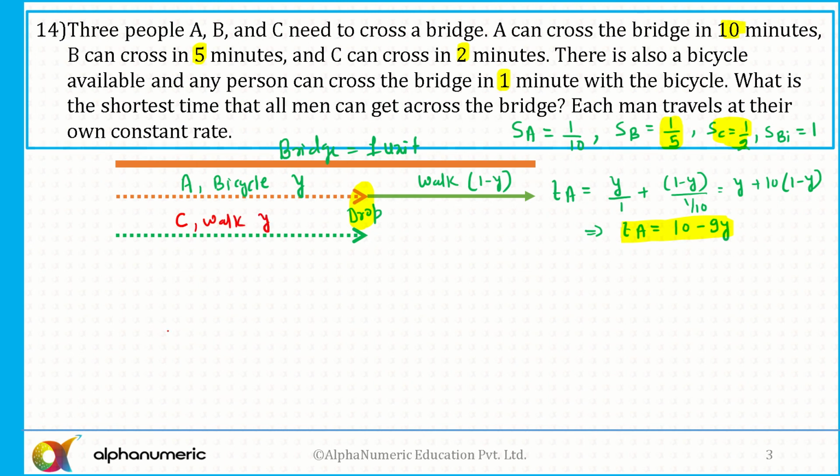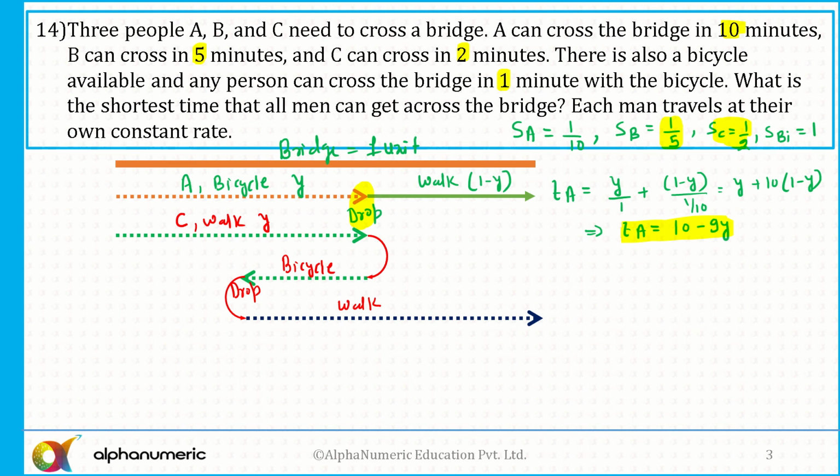That is equal to Y. C will reach this point and again come back towards B, like this one, and then he will drop the cycle here for B. Then again he will travel the remaining distance towards the end point, again walking here. So this is the distance which C has traveled on a bicycle, and this last part is the distance which C traveled by walking.